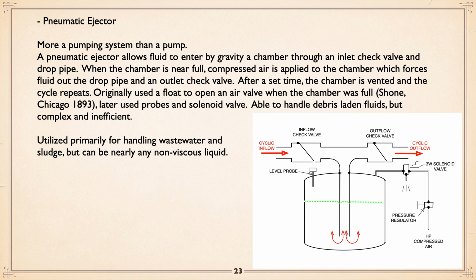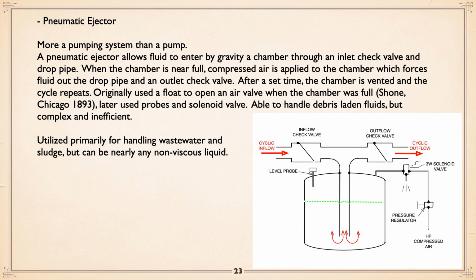When it does, looking to the right here, we got high pressure air with a pressure regulator and a three-way solenoid valve. That three-way solenoid valve is normally bleeding air off the chamber as it fills up, but when it is energized, it flips and puts high pressure air into the chamber, which pushes down on the liquid, which pushes it up and out the check valve. The inlet inflow check valve closes, of course, and it goes out the other check valve.